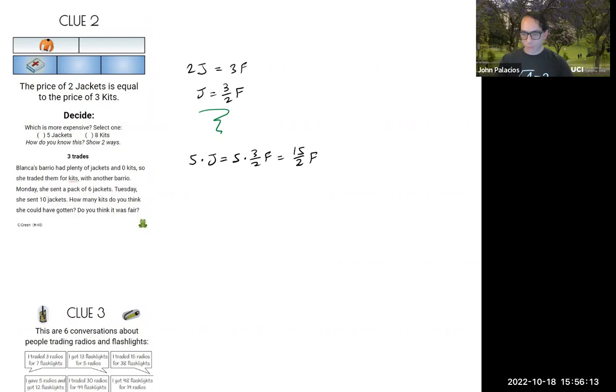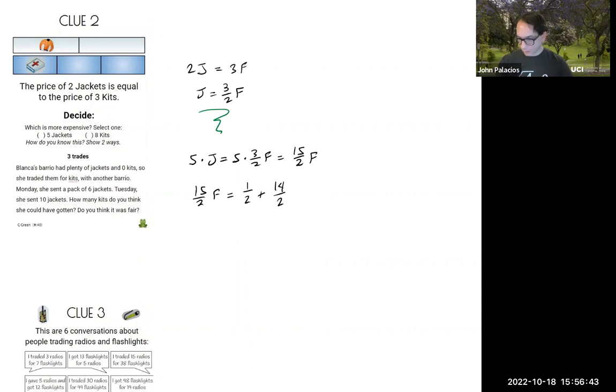Okay, so now we have 5 jackets in terms of 8 kits. 15 halves times the first aid kit is equal to 1 half plus 14 halves. So you can see, it's easy to think about 15 of something rather than 15 halves, or 15 divided by 2, 7.5, whatever that is.